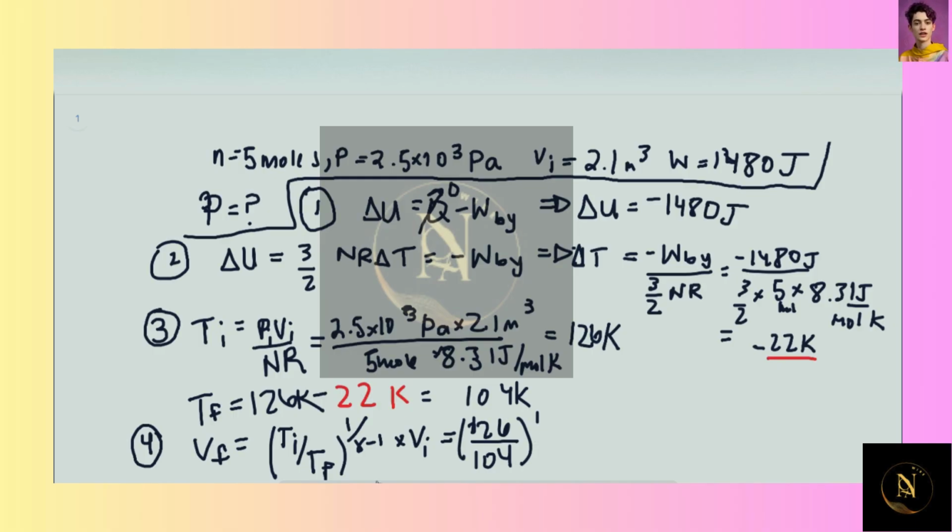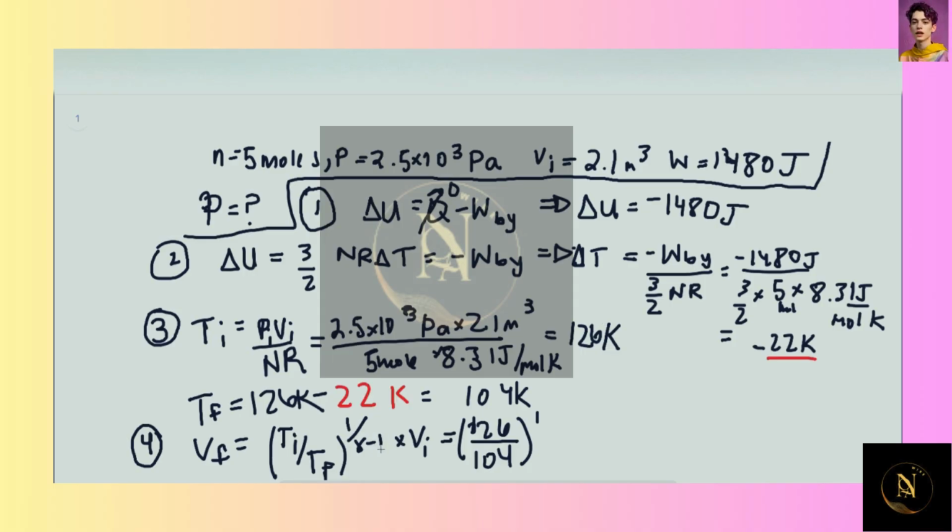And then we have gamma. Gamma is the ratio of the heat capacities. If you look on page 633 in section 19.7, you get for an ideal monatomic gas that gamma is 1.67.